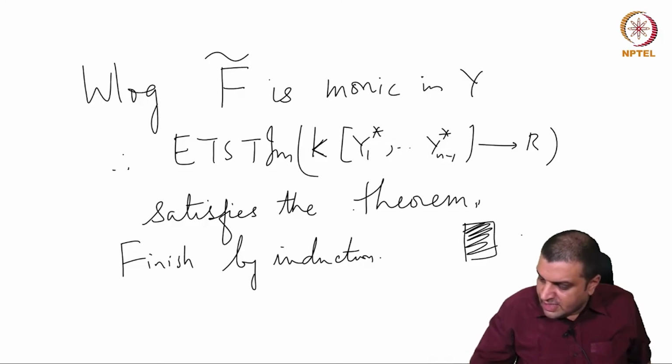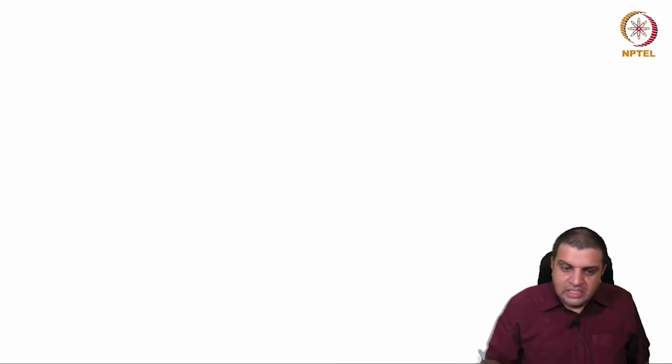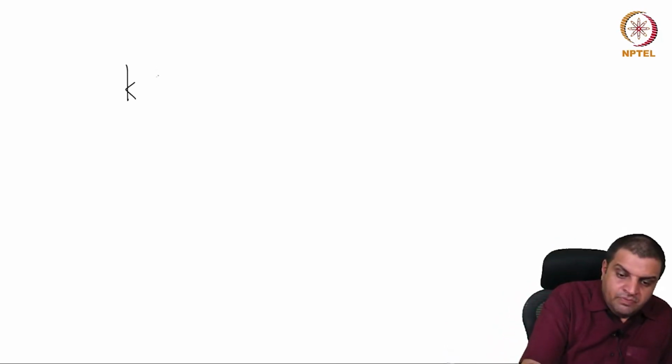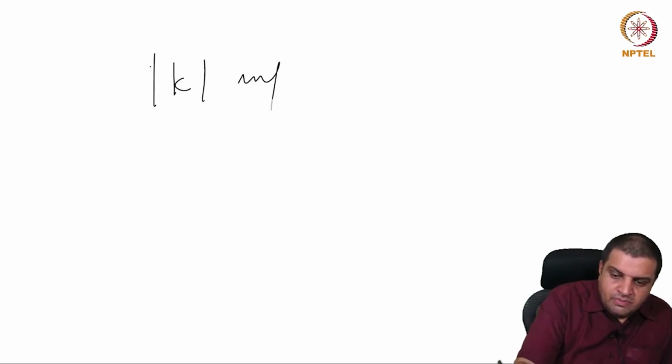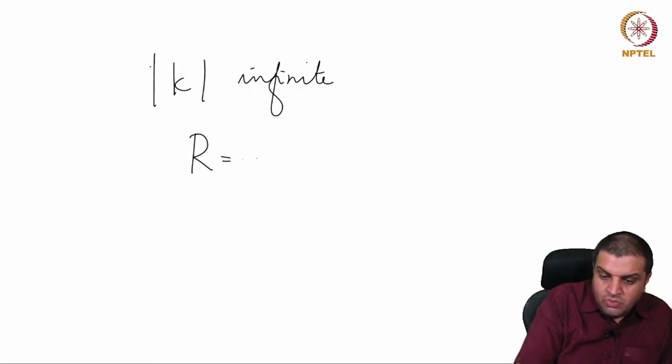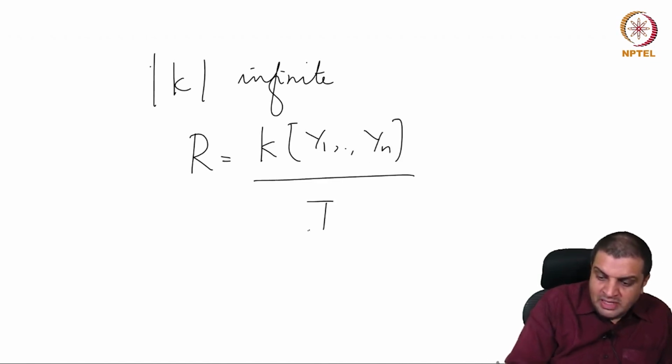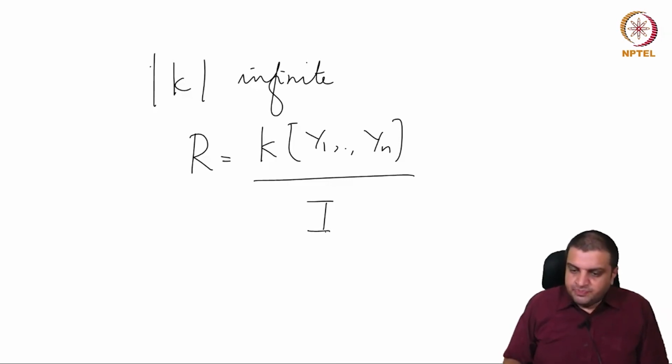So what does it actually tell us, concretely for computations? Suppose we had some k, and let's say k is infinite. So we are assuming k infinite. R we can think of as k adjoined y1 through yn modulo some ideal I, of finite type.